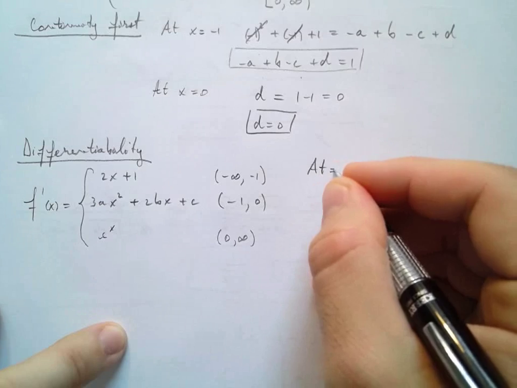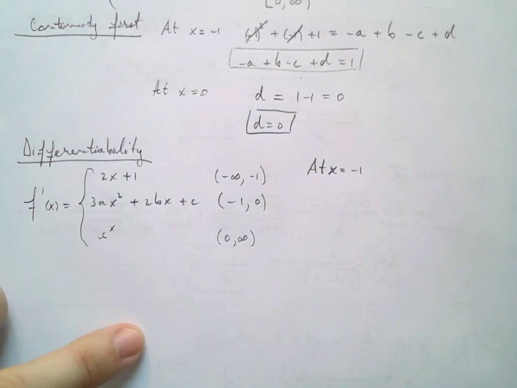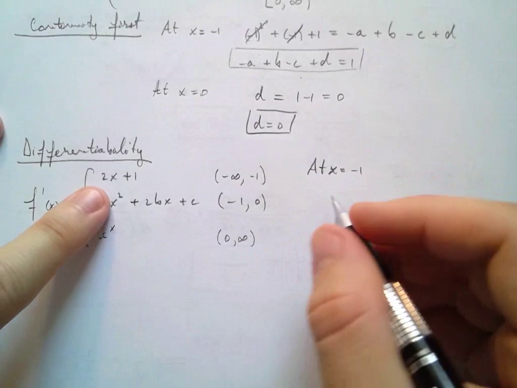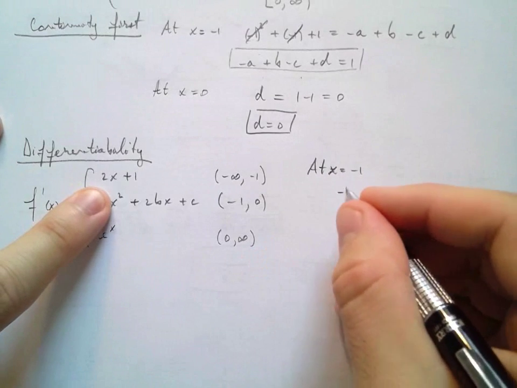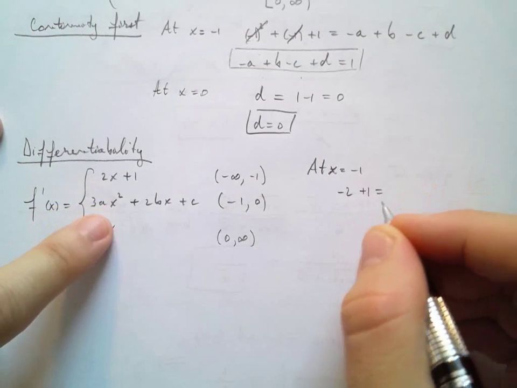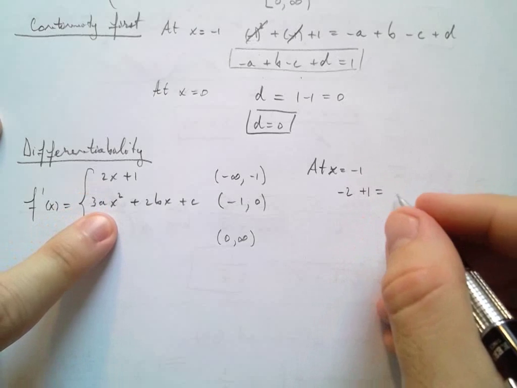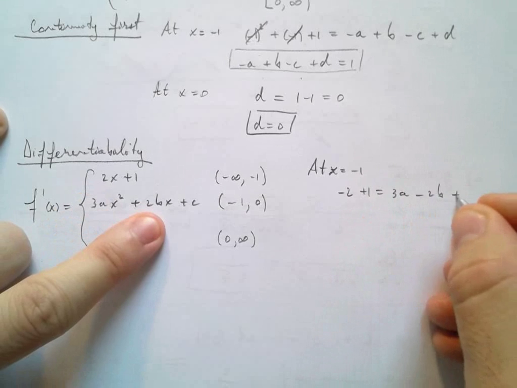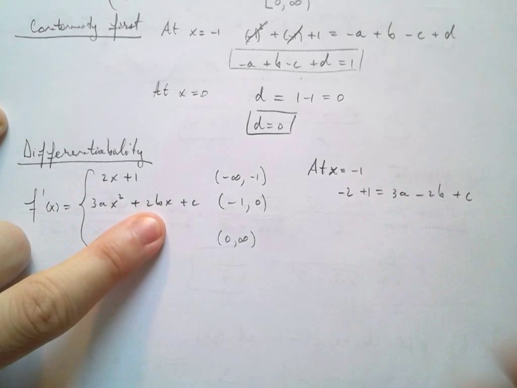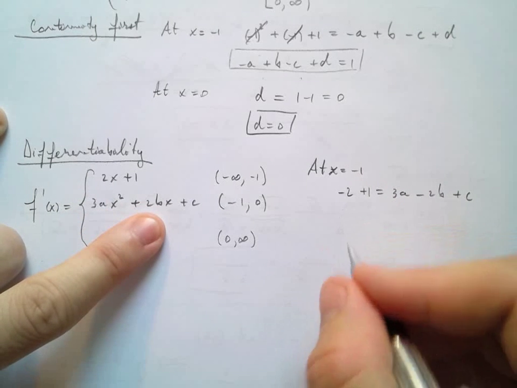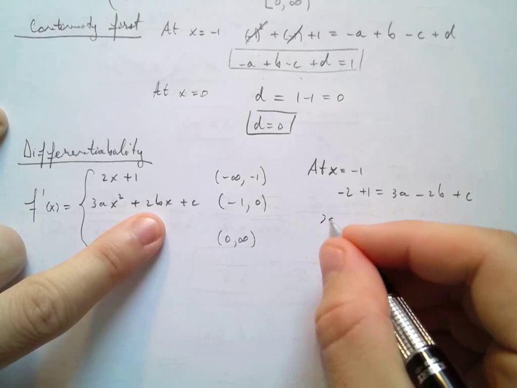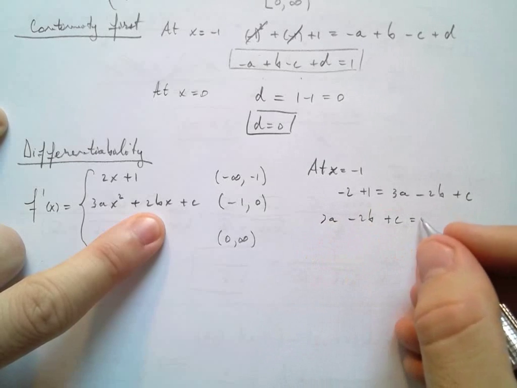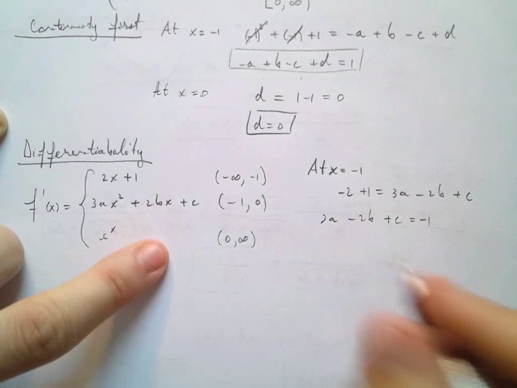At x equals -1, I look at the top branch, I have -2 plus 1 should equal, I plug in -1, so I just get 3a minus 2b plus c. So the equation that I obtain from here is 3a minus 2b plus c equals -1.